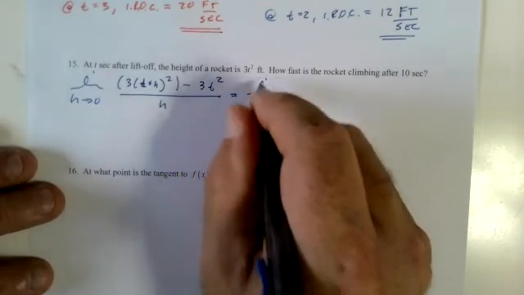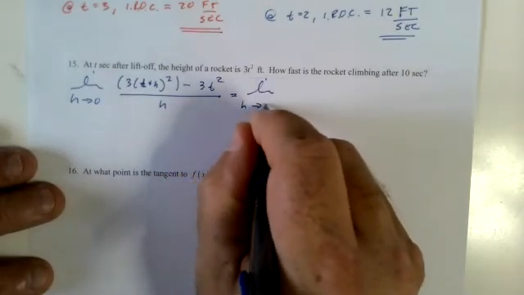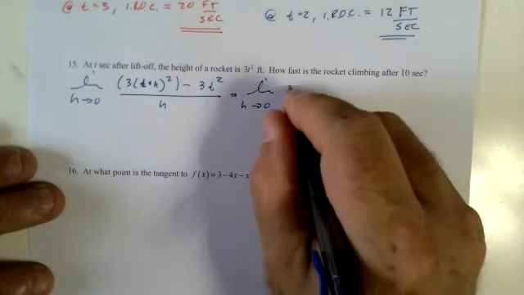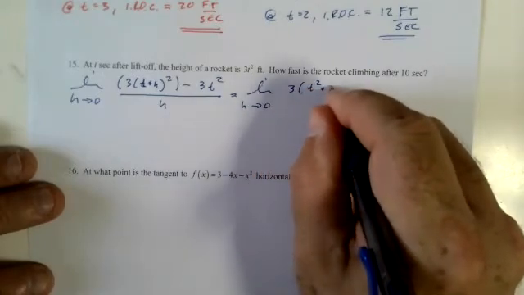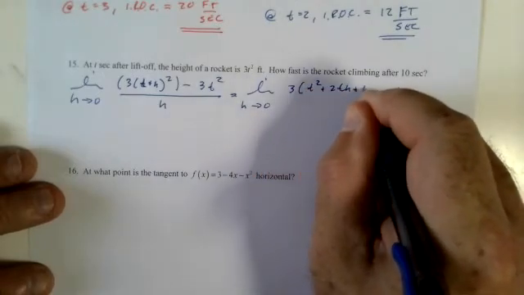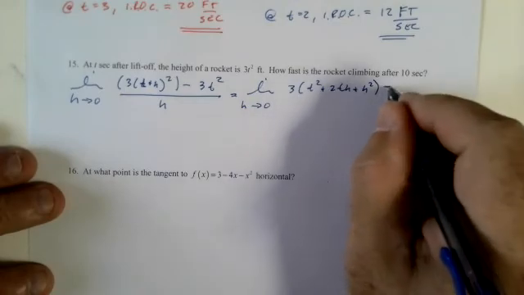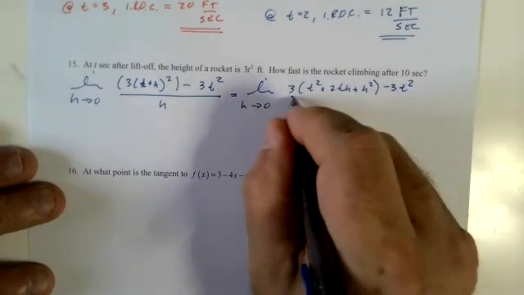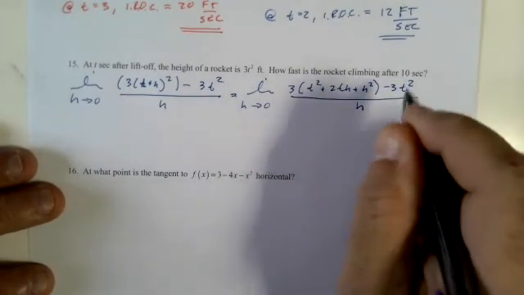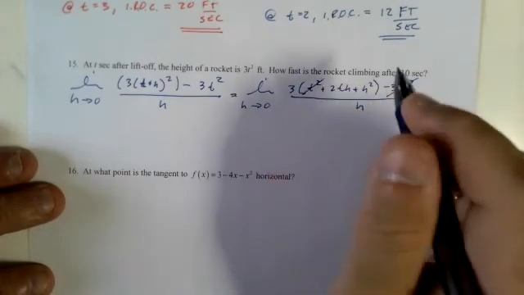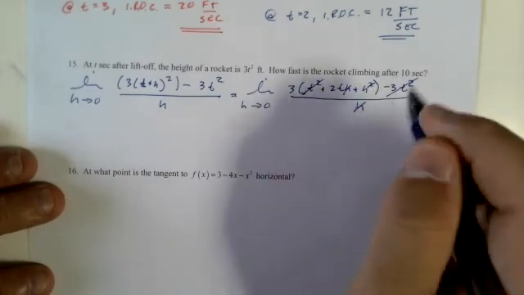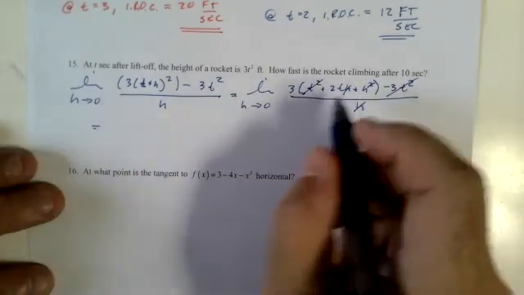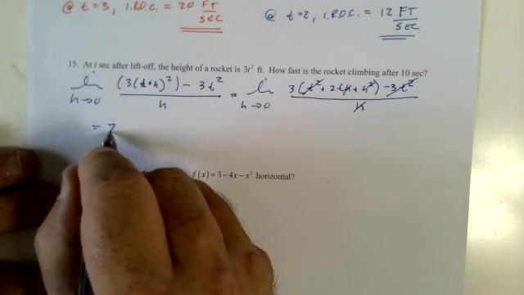I'll do this one the long way just because I'm feeling nostalgic. 3t squared plus 2th plus h squared minus 3t squared over h equals, plug in 0, 2t.